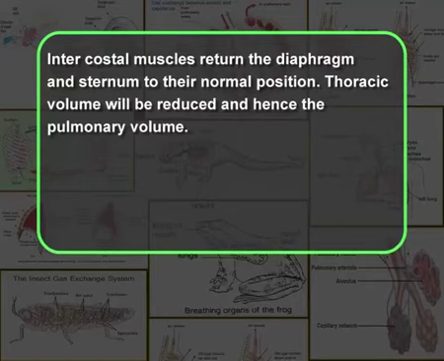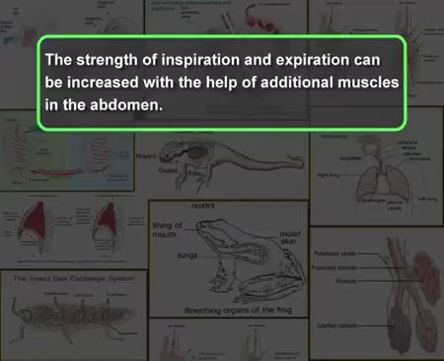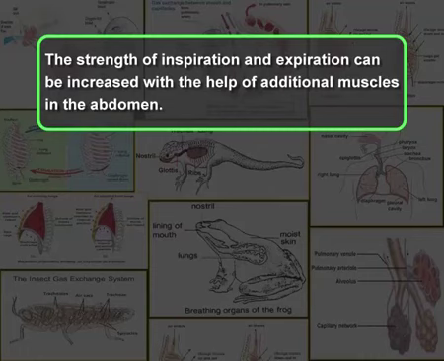Thoracic volume will be reduced and hence the pulmonary volume will decrease, increasing intrapulmonary pressure slightly above the atmospheric pressure. This will lead to expulsion of air from the lungs. The strength of inspiration and expiration can be increased with the help of additional muscles in the abdomen.